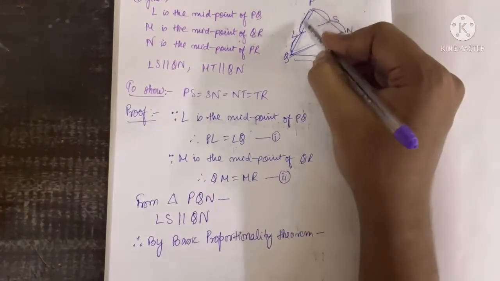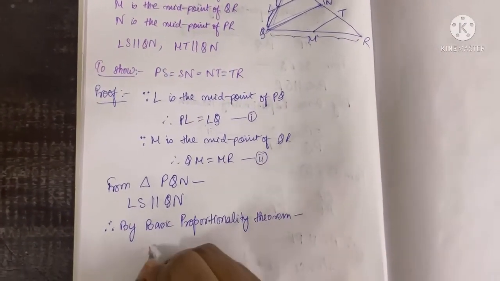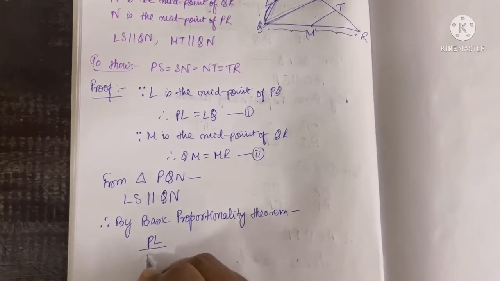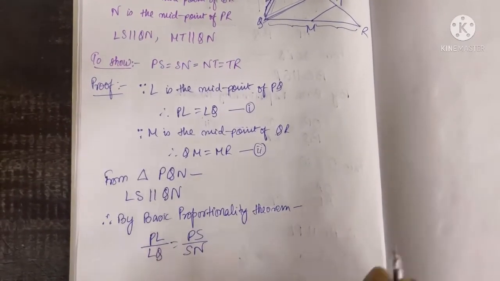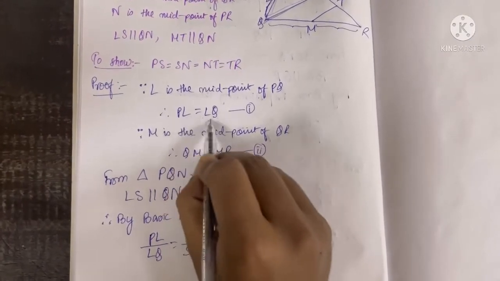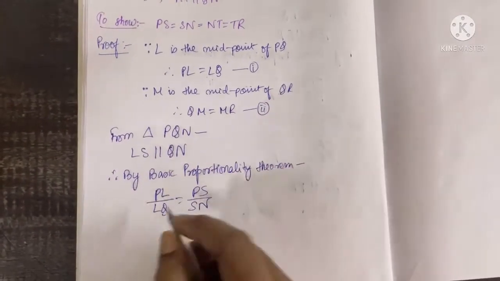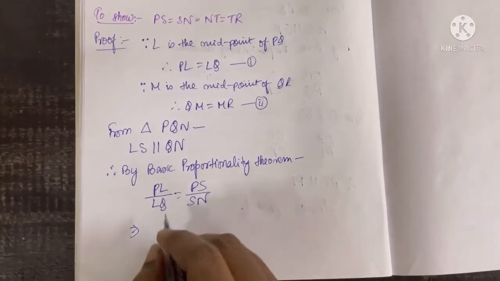As I have said, PL by LQ will be equal to PS by SN. Now look into number 1. PL and LQ are equal, right? Since PL and LQ are equal, we can replace them.